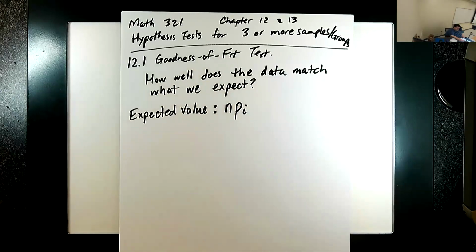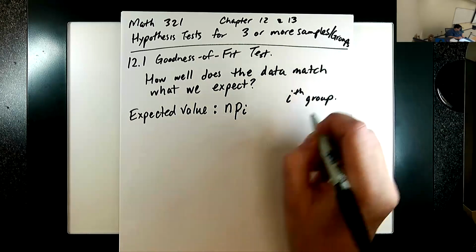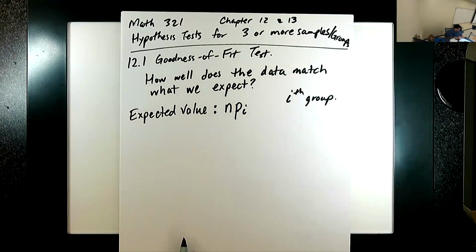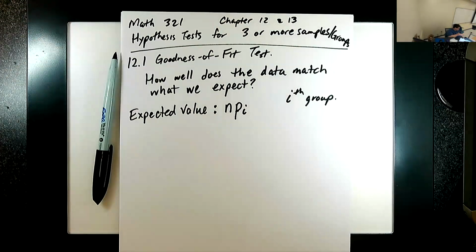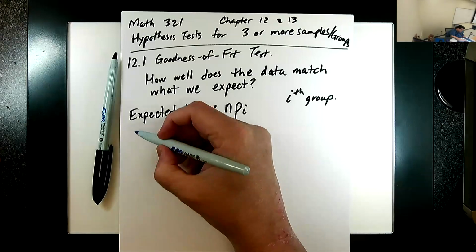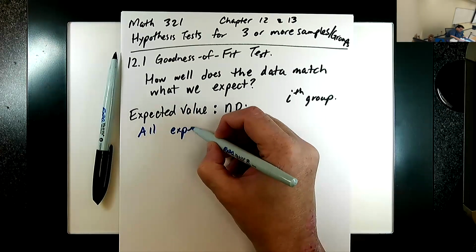P, I'll put i for the ith group. There are 2 rules. 1, all expected values must be greater than or equal to 1.